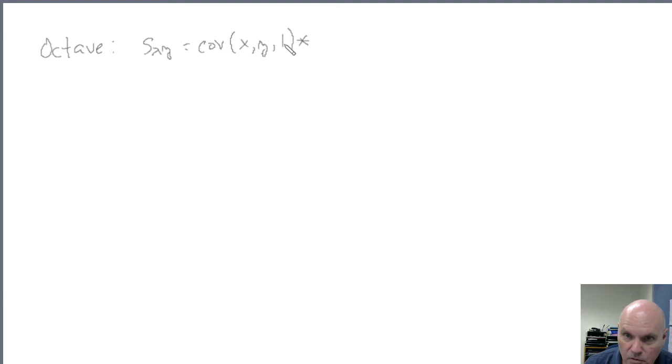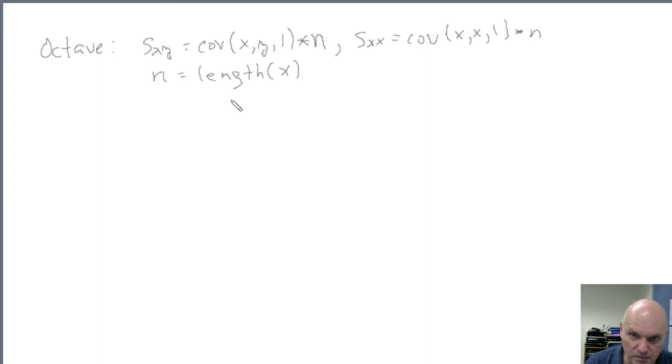But if you use the 1 argument, the covariance is the sum of the cross products divided by n. So we need to multiply by n to get the sum of the cross product terms. Similarly, SXX is the covariance of x and x times n. Of course, for n, what you typically use in Octave is the length of your x vector or your y vector. They are the same length.